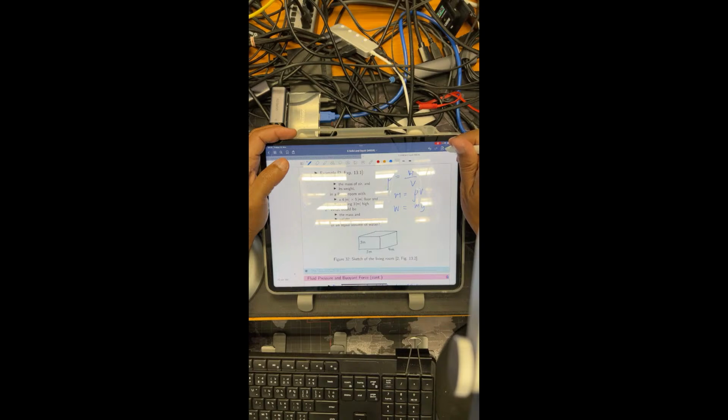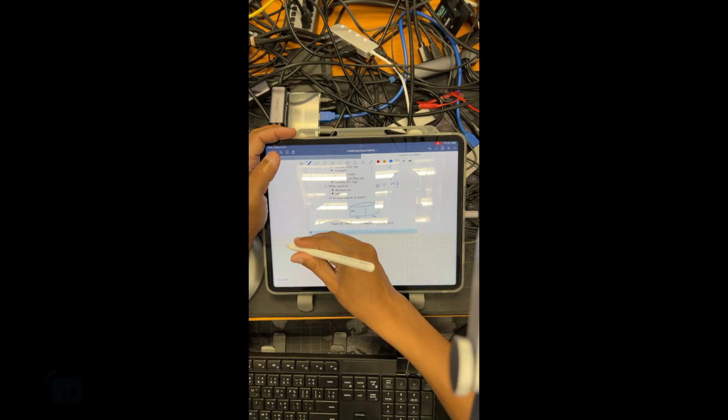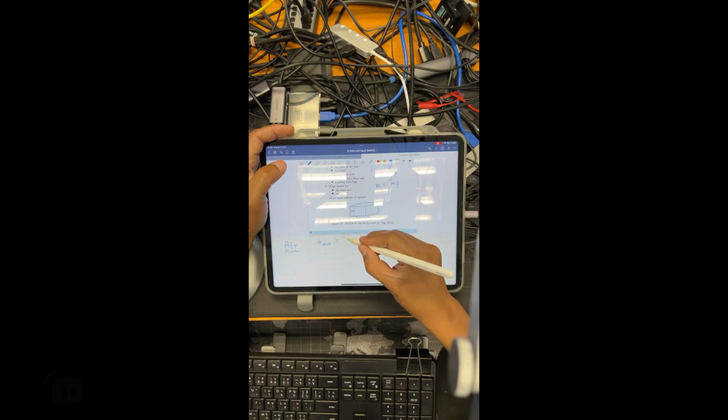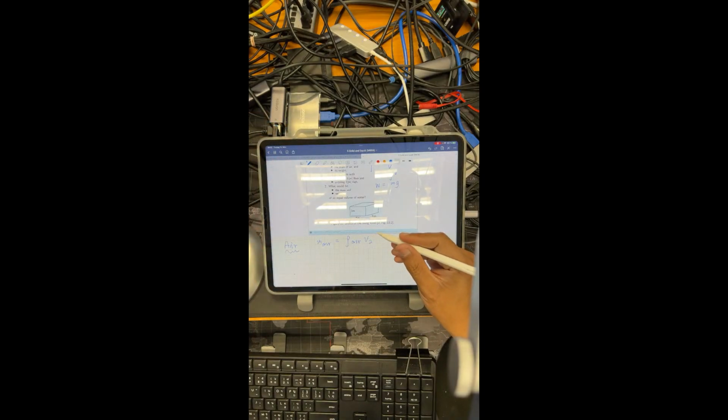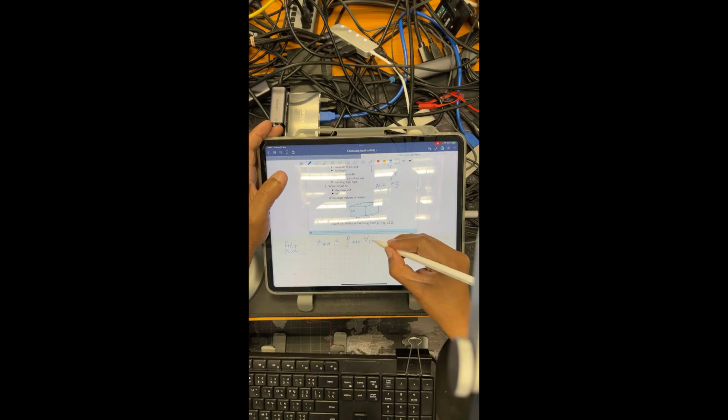For the first case, the air, let's compute. m air is equal to rho of air times the volume of the room, V room.